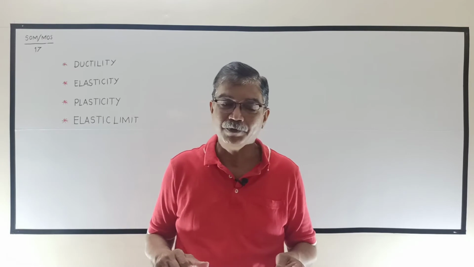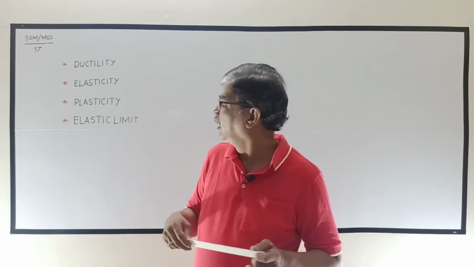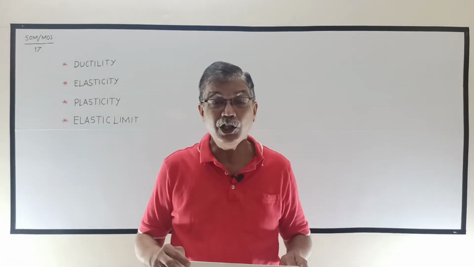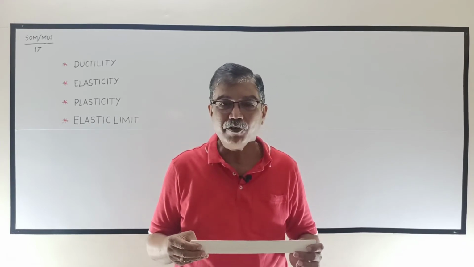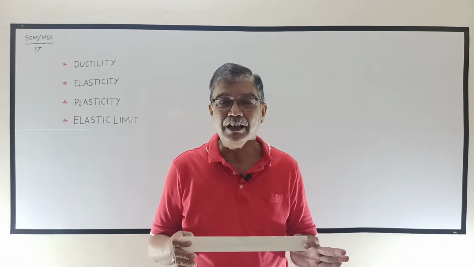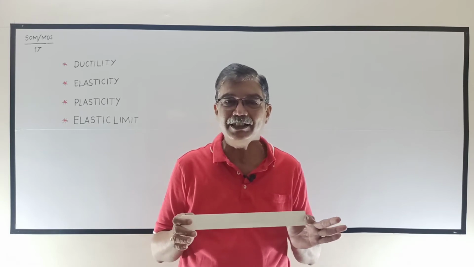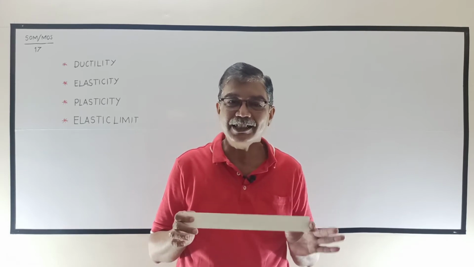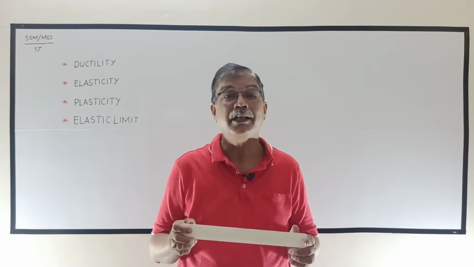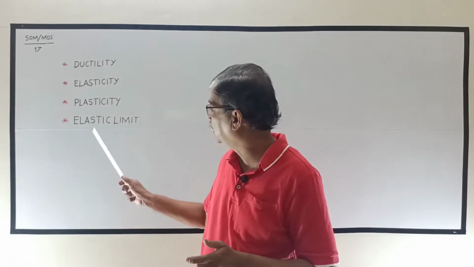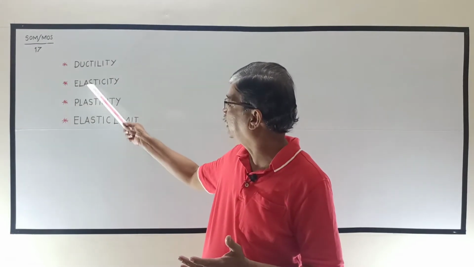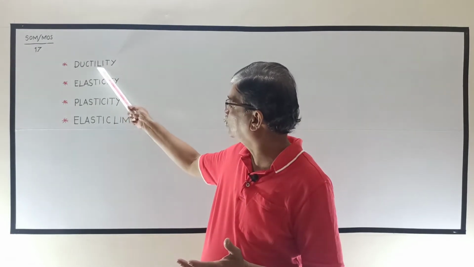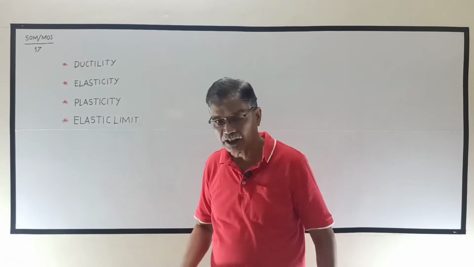So if body of elastic material is loaded beyond elastic limit, the deformation produced will remain in the material as a residue, and such a residual strain is known as permanent set. So this is very important. You can write these definitions. I have told you the importance of ductility, elasticity, plasticity.